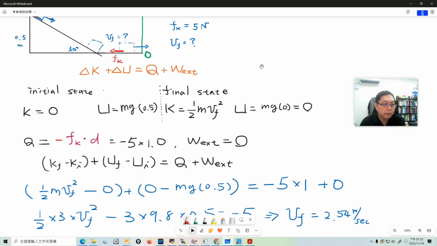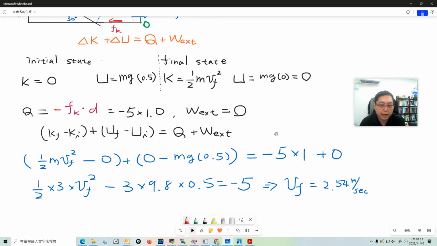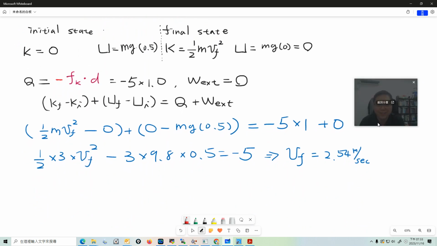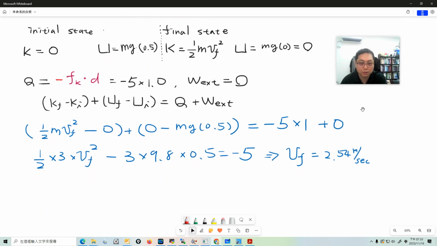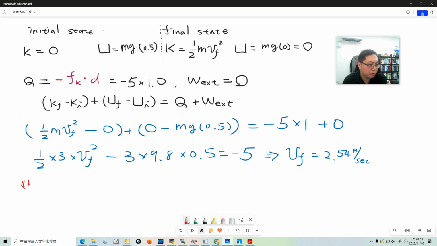Because it's moving on a horizontal surface, there is no potential energy change. Let me finish the second problem. At the beginning I said you should finish it yourself, but because it's very easy, let's just solve it. Because it finally stops, the final kinetic energy is zero minus the initial kinetic energy.